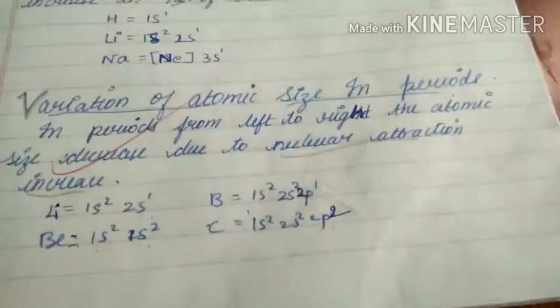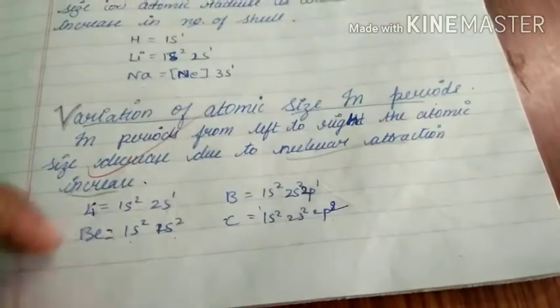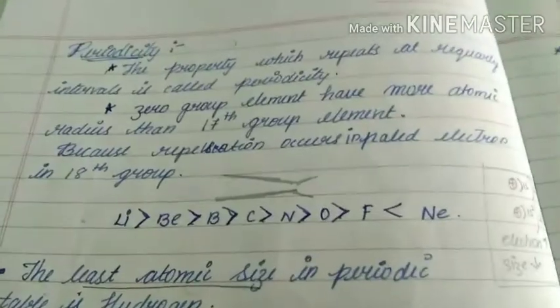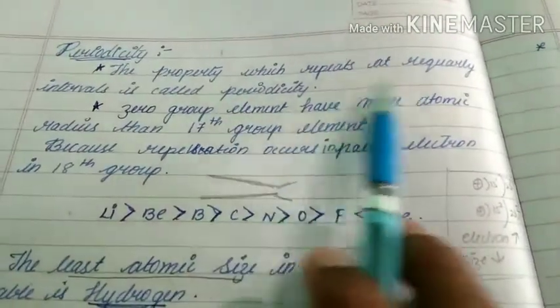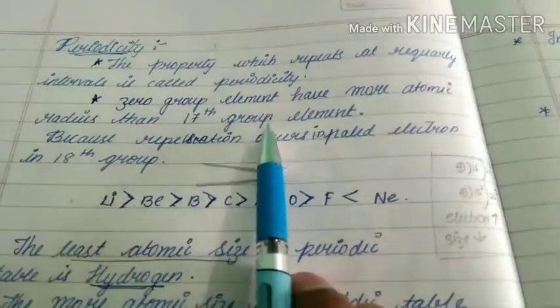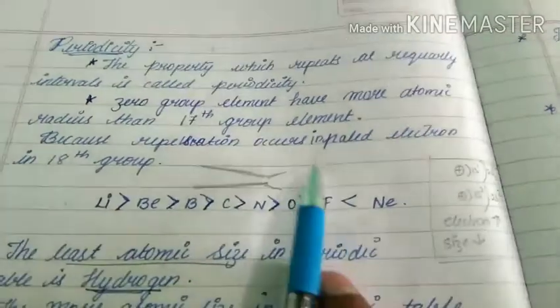Next, there is one exception regarding atomic size, and that is very important. The periodicity definition: the property which repeats at regular intervals is called periodicity, also called periodic property.